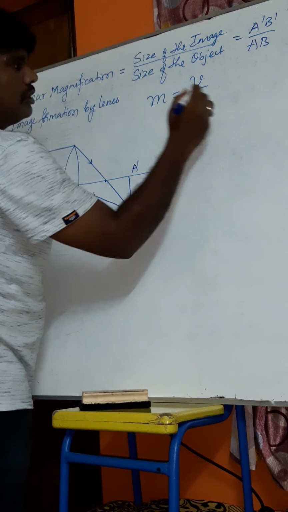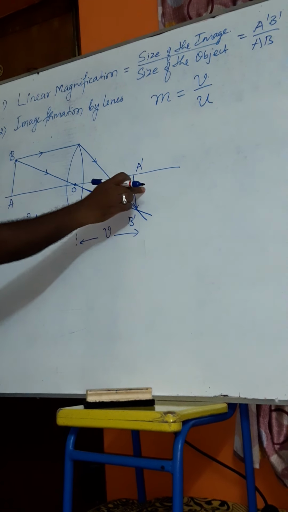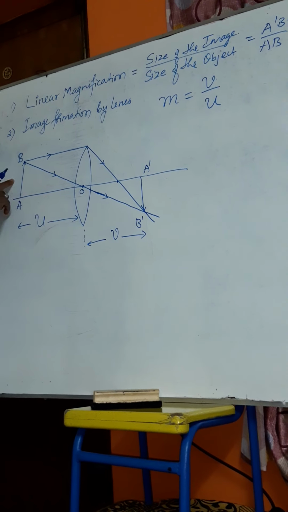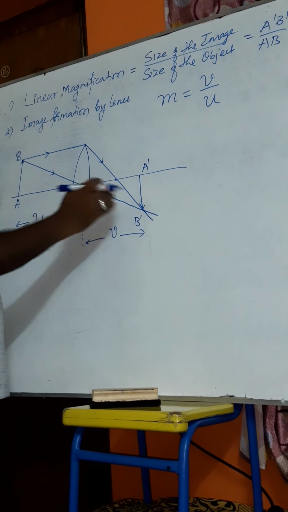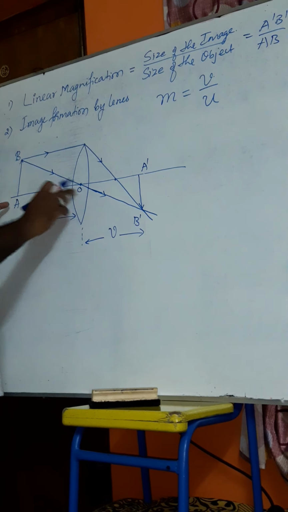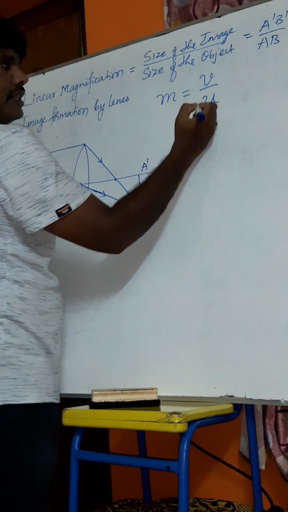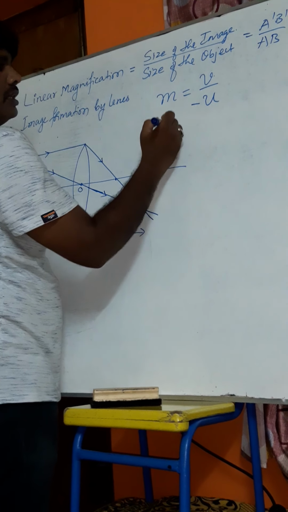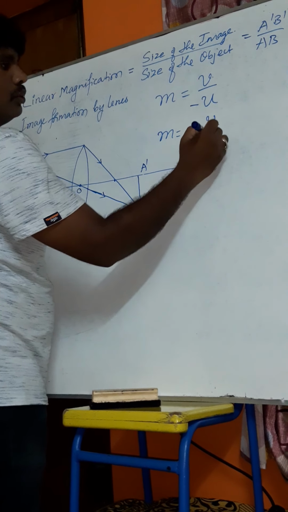Object distance is u, image distance is v. Depending upon the type of the image and the type of the object, it will be considered positive or negative. In this case, it will be negative. Why is it negative? Object distance is negative, image distance is positive. Finally, the magnification becomes m equals minus v by u.